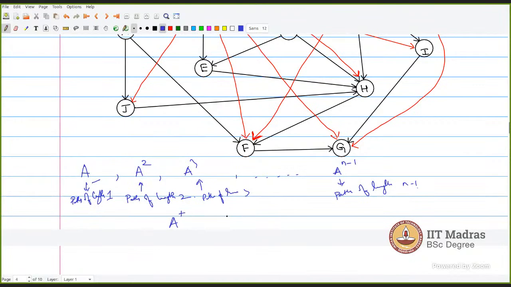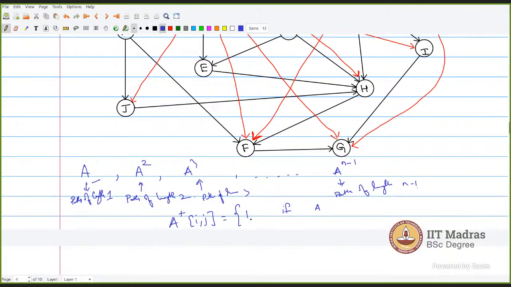If you want to compute the transitive closure, which is A plus something, the entry (i, j) is the i-th row, j-th entry. In my transitive closure, for the i-th row, j-th entry, I will give 1 if A or A squared or A cubed, any one of these becomes 1.